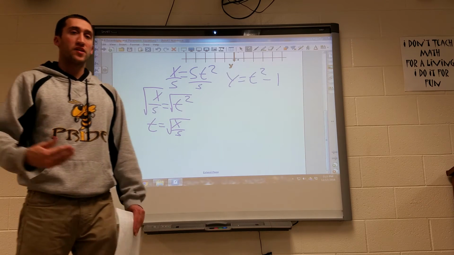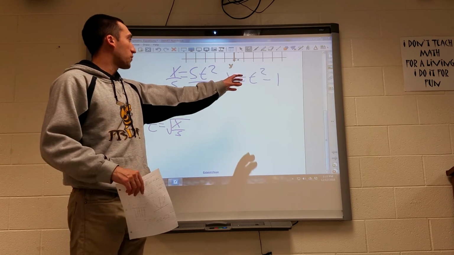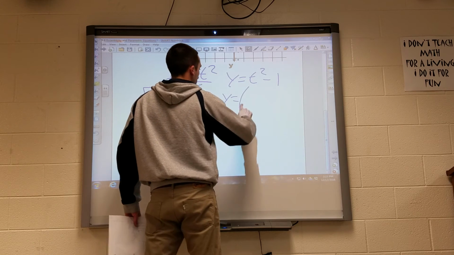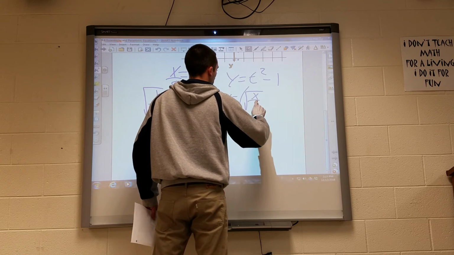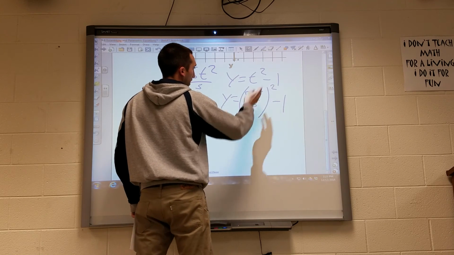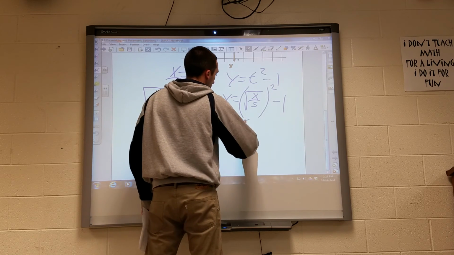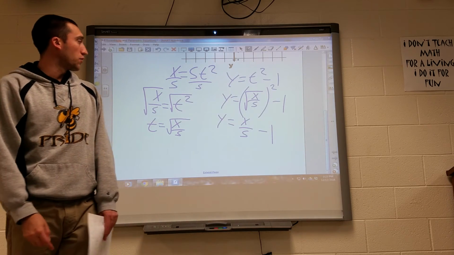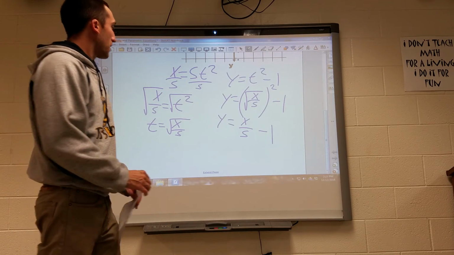Cool. Now that I know what t is equal to, I can substitute it into my y equation. And so I get the square root of x over 5, all squared, minus 1. If I simplify, the square and the square root are going to cancel. So I just get the line y equals x over 5 minus 1.